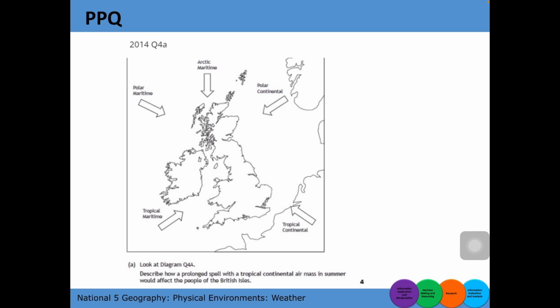Now this, once again, is a very nice question because you can say almost anything that is relevant during a heat wave. Some typical answers that are popular are ice cream sales may increase as there are more people trying to cool off in the warm weather.